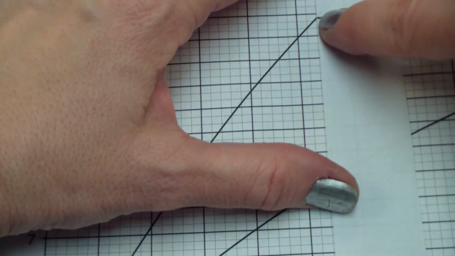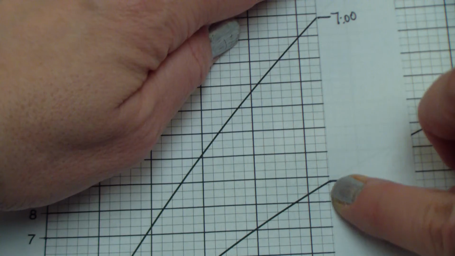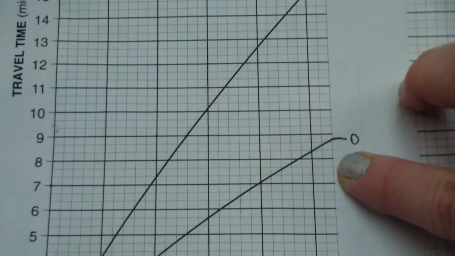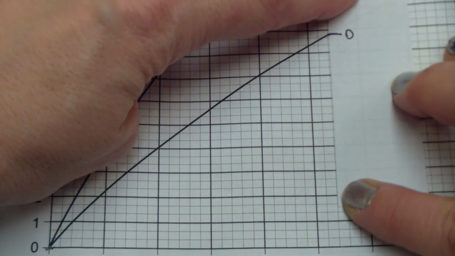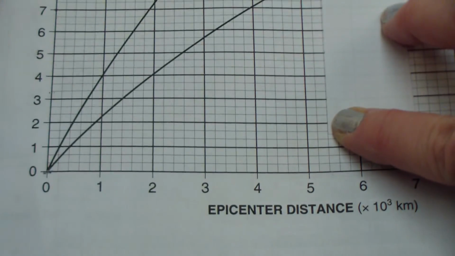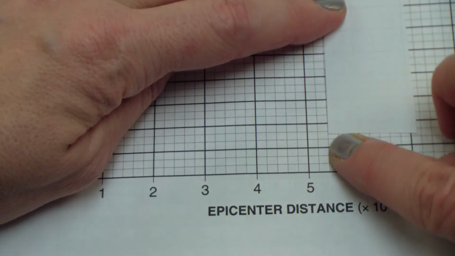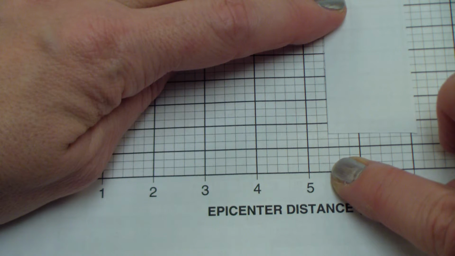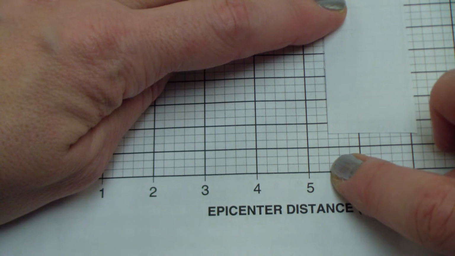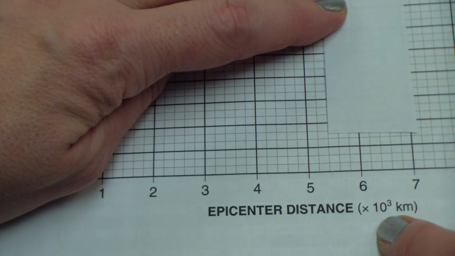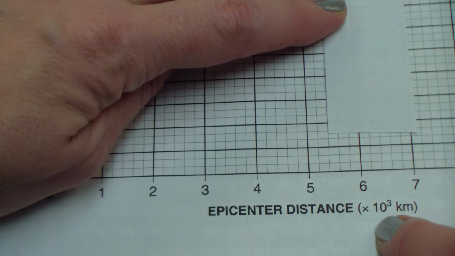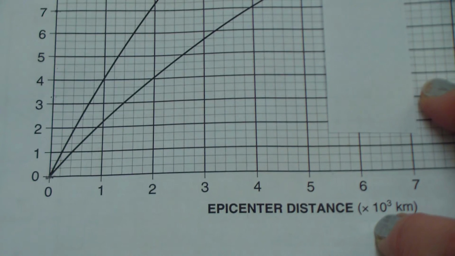So now I follow this straight down all the way to the bottom, and I read the distance off of the x-axis. Now it's 2 boxes over from the 5. Now this 5 is 5 times 10 to the third, so I know that that's got to be 5,000 kilometers.